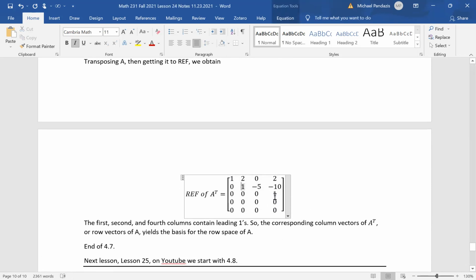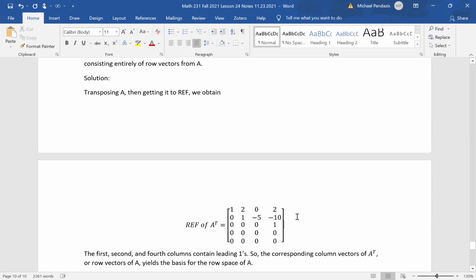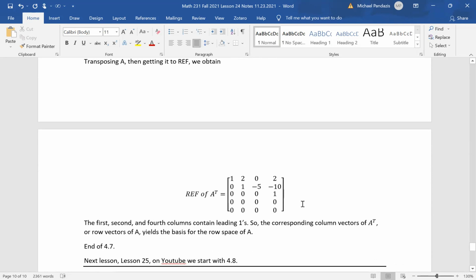So the first, second, and fourth columns contain leading ones. So the corresponding column vectors of A transpose, the first, second, and fourth, form a basis for the column space of A transpose, by our previous theorem.